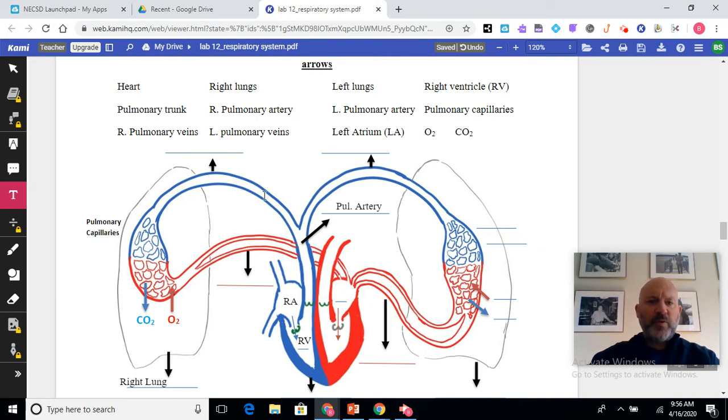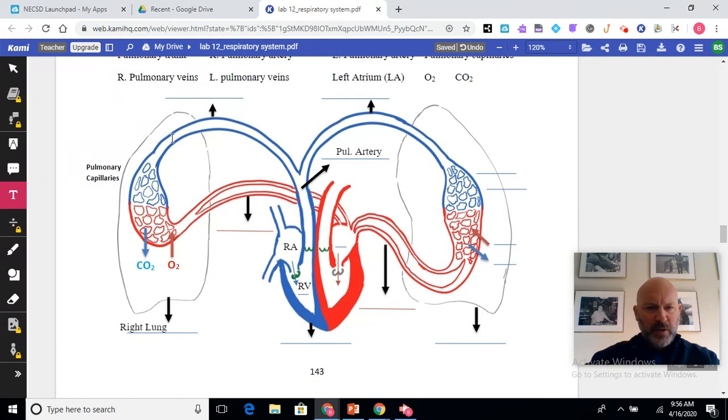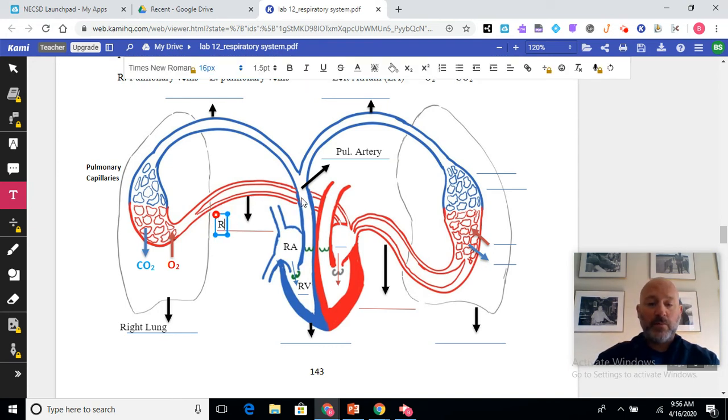And so the pulmonary artery is going to divide into the left pulmonary artery and the right pulmonary artery. So you fill this one out, right pulmonary artery. This is the left pulmonary artery. All right, it's inside here that the blood is going to find its way into pulmonary capillaries, and then gases are going to be exchanged. And then the blood is going to come back oxygenated in pulmonary veins. So this is going to be the right pulmonary vein.